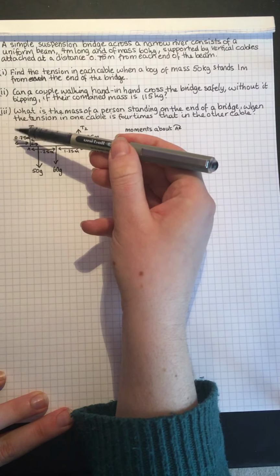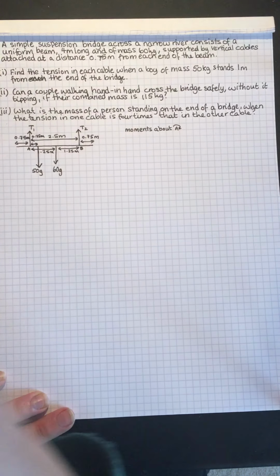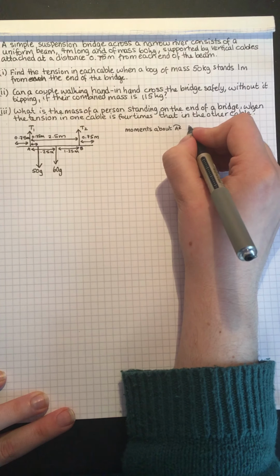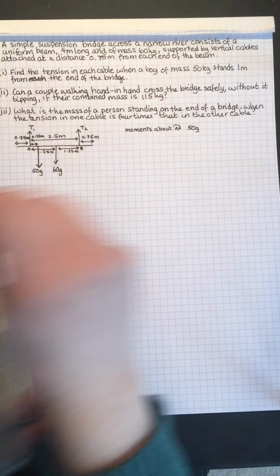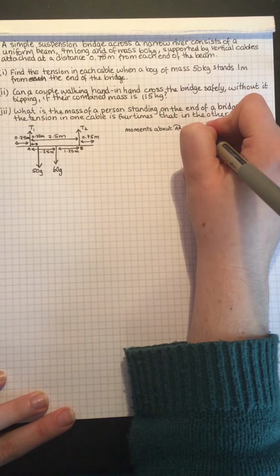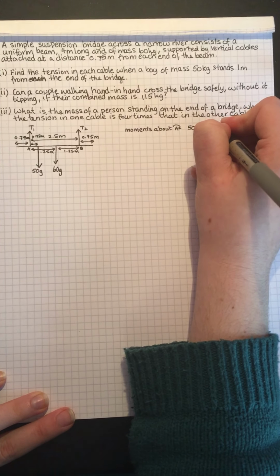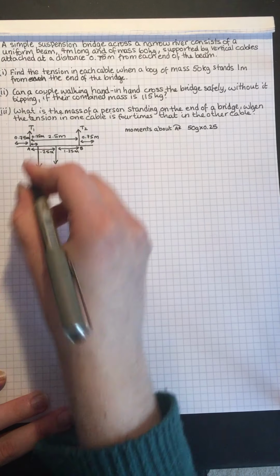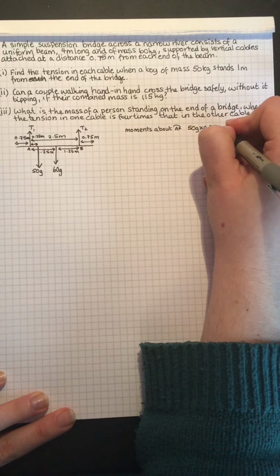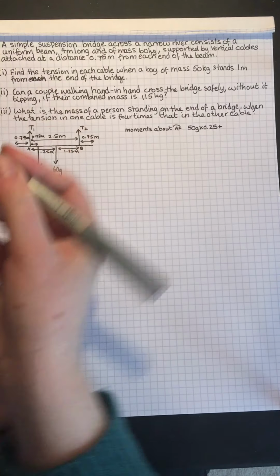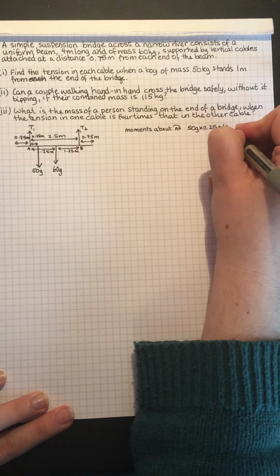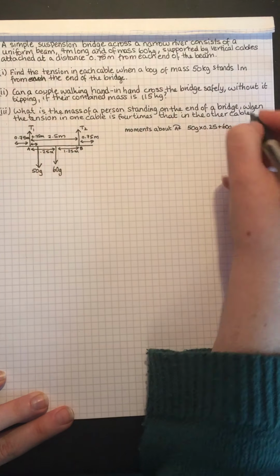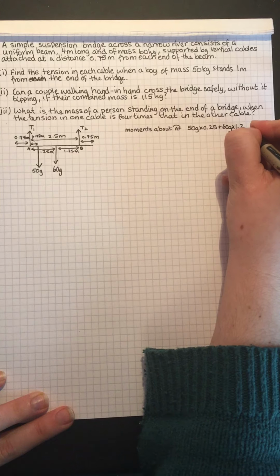So let's think about what clockwise forces we have. Well, we've got the buoy's 50 g, and he's 0.25 meters away from A. The weight of the bridge will also be clockwise, going down that way, so that will be 60 g, and that's 1.25 meters away.